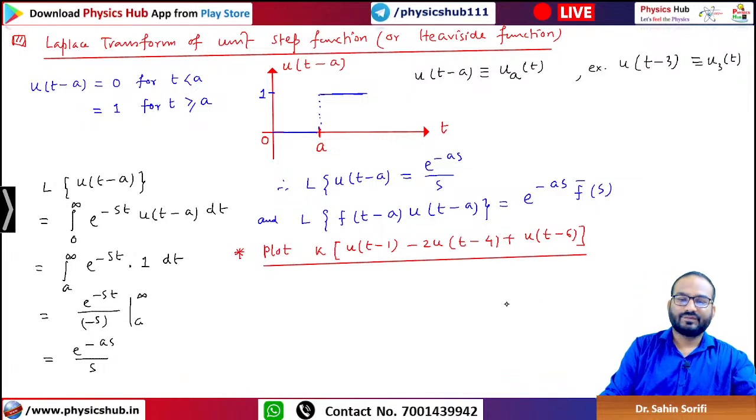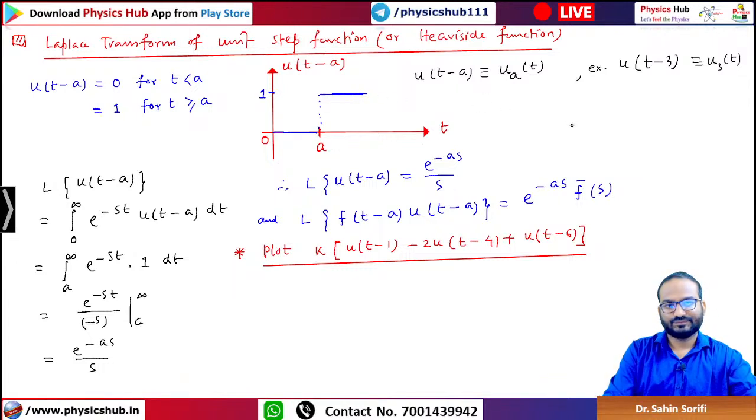The meaning is, beyond this reference point, the value will be 1 till infinity. So we can also express it this way: k times u1(t) minus 2 u4(t) plus u6(t). So this is what you need to plot.